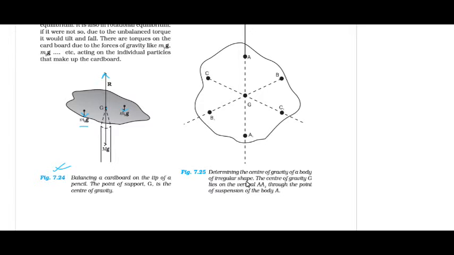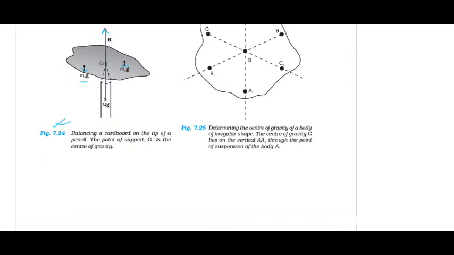So what we have done is suspend the body from different points and draw a line, and the intersection of those lines gives the center of gravity of the irregular shaped cardboard.